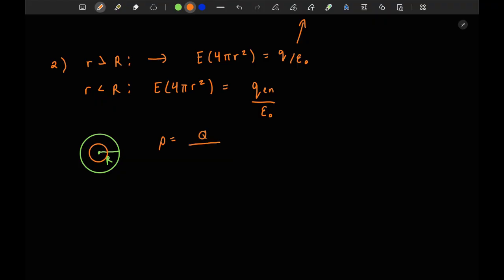So capital Q over 4/3 pi R cubed, using the volume of a sphere. And therefore, Q enclosed is simply going to be equal to our density times the volume enclosed. Of course, the volume enclosed is just 4/3 pi lowercase r cubed.